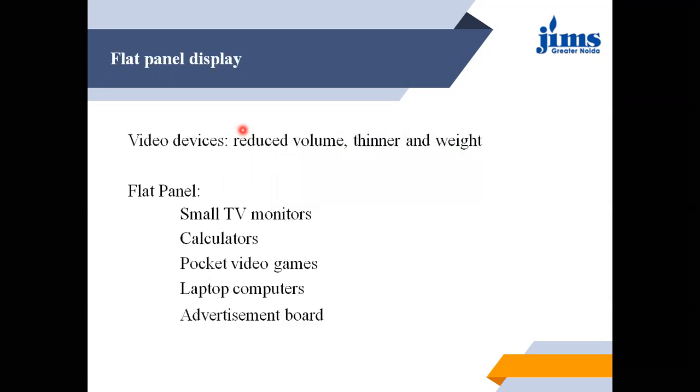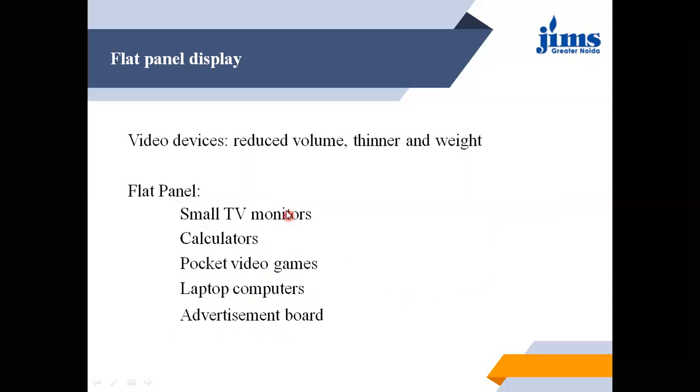Now, flat panel display. Whatever we are using in our homes at this time, like LCD, those reduce the size, that is the volume, are thinner, and weigh very little. For example, TVs at our home, calculators, pocket video games, laptop computers, advertisement boards.